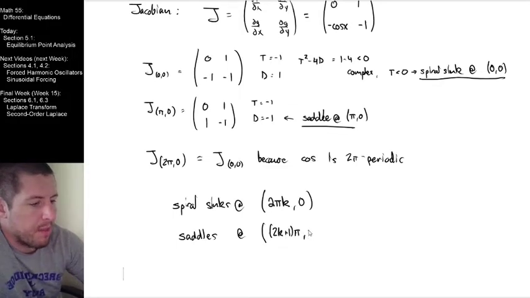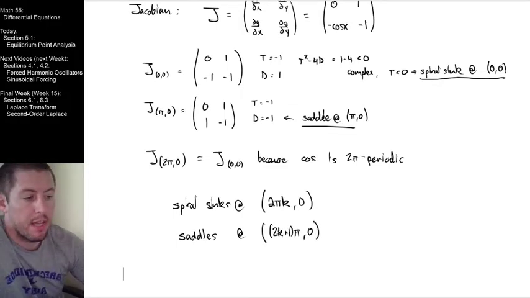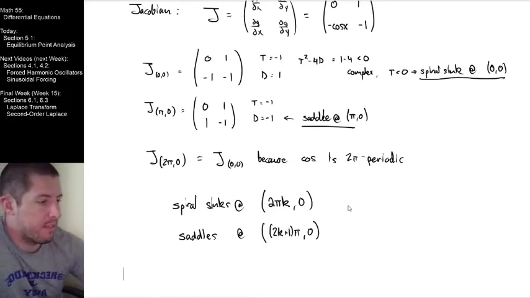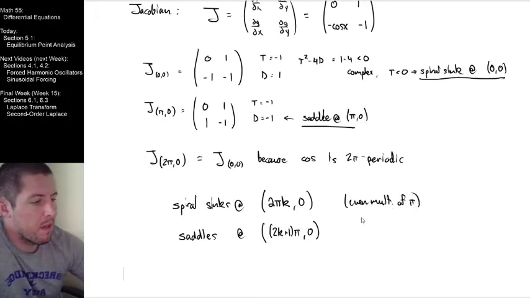There we go. Now I'm done being dumb right there. Now whenever you plug in an integer for k, you're always going to get an odd number for that one, right? So even multiples of pi, odd multiples of pi.